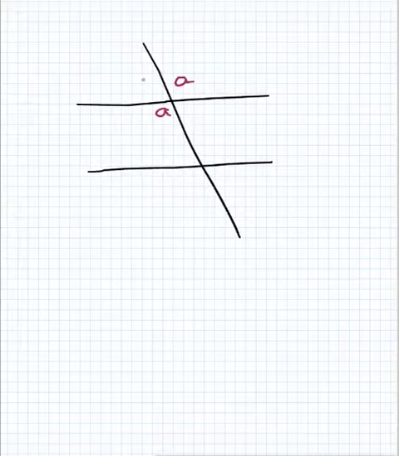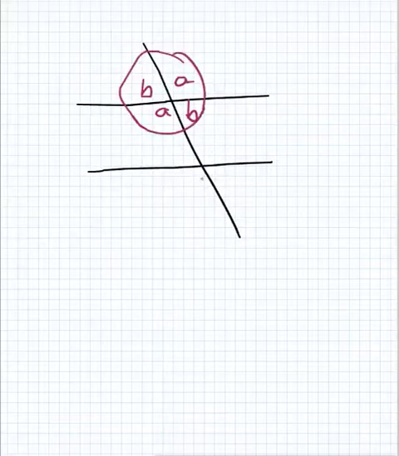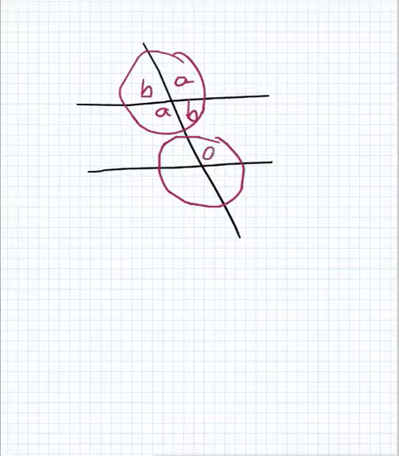So if this angle here is B, then this is also B. And the same thing down here. If that's A there, it's going to be A there. If that's B here, it's going to be B here.